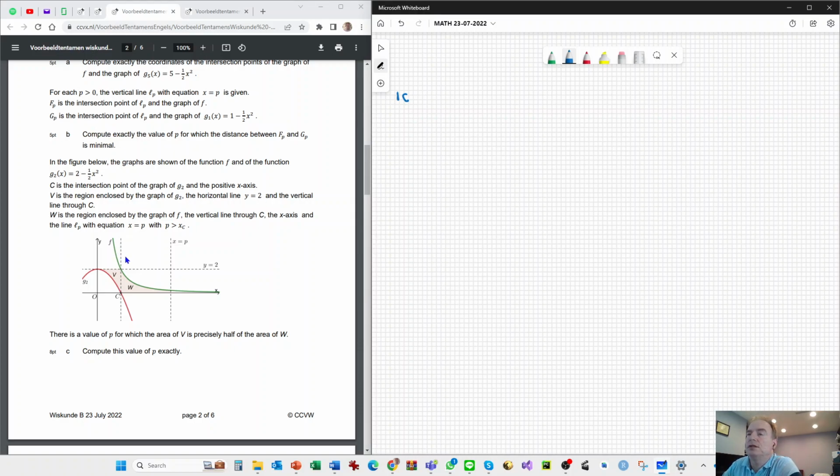It's just the integral of the difference between the two functions. So here the top boundary is y equal to 2, and the lower boundary is the function g2.